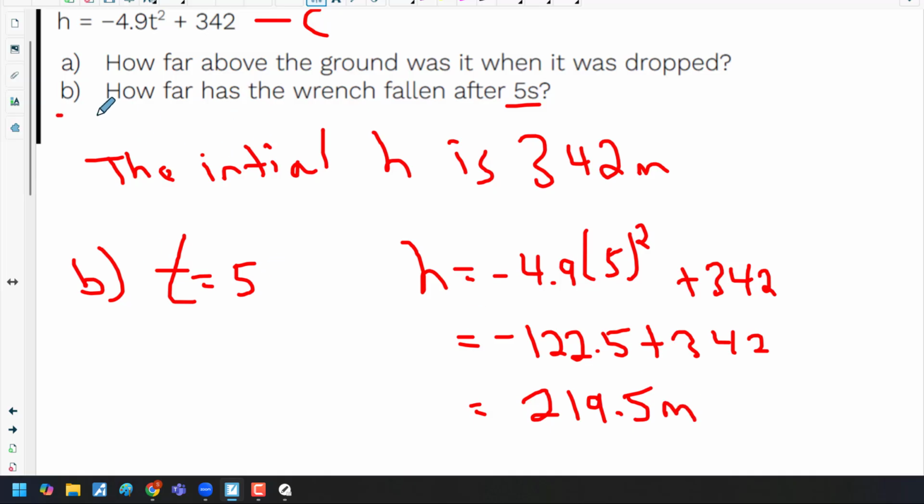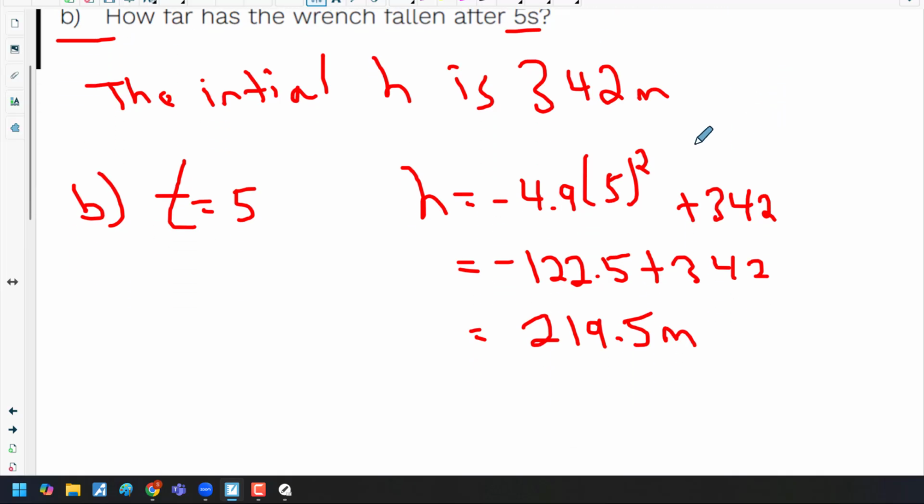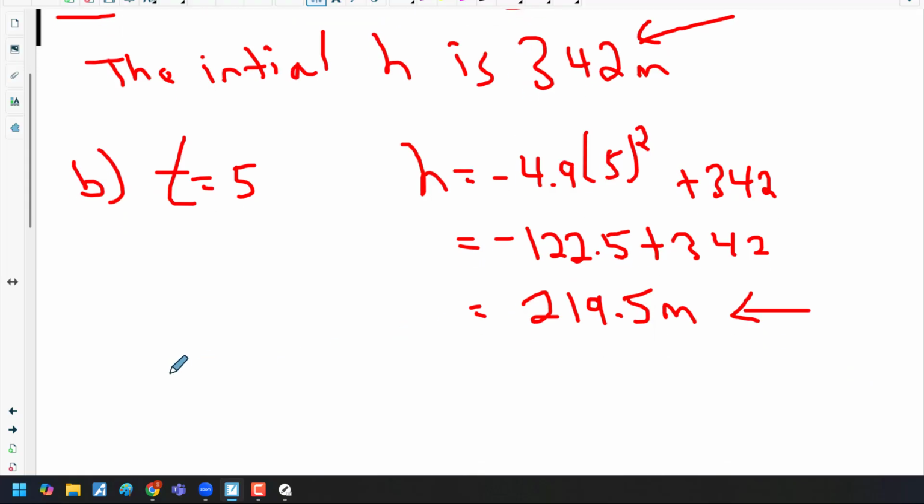Is the question asking for the height at 5 seconds? The answer is no. It's not. It's asking how far has the wrench fallen? Meaning from the initial height of 342, it went to a height of 219.5. So how far did it fall?